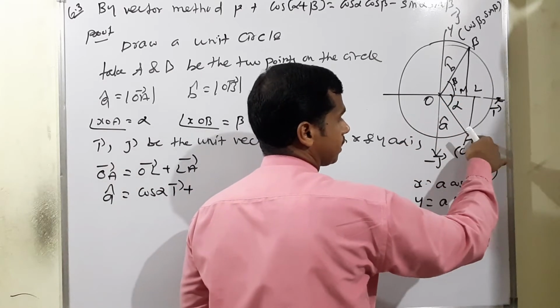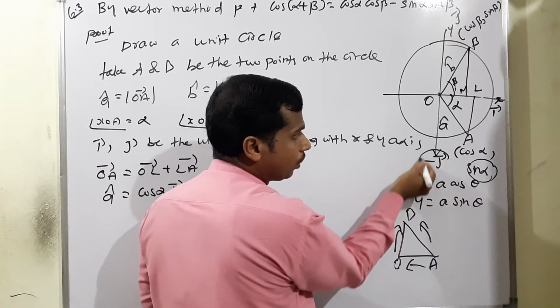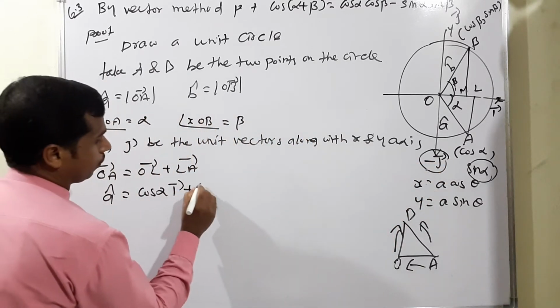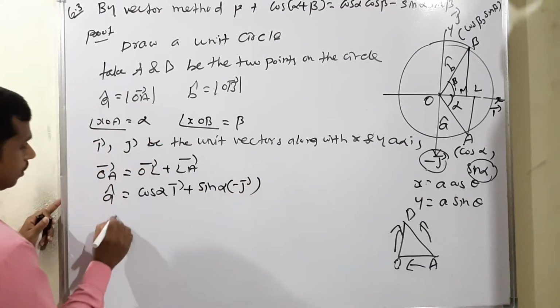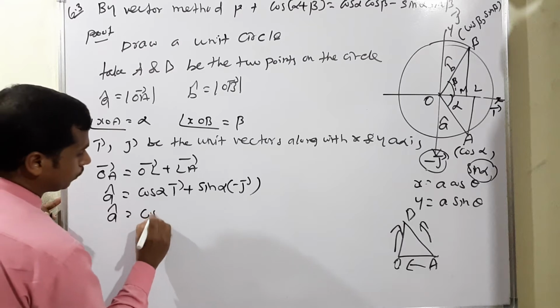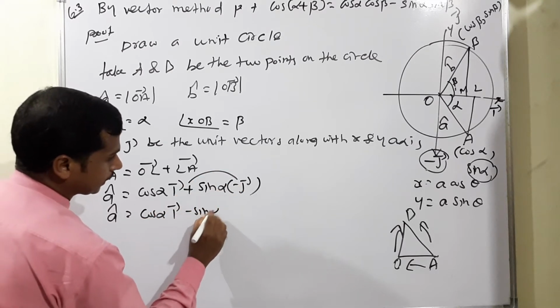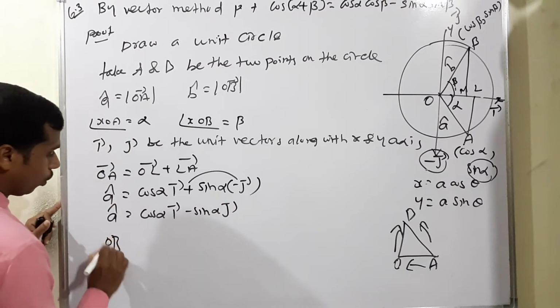LA is along the y-axis, so its value is sin alpha, but the y-axis downside means negative j vector. Therefore A cap is equal to cos alpha i vector minus sin alpha j vector. That is the first condition, OA.